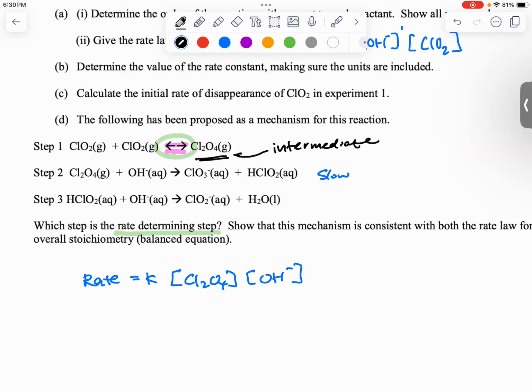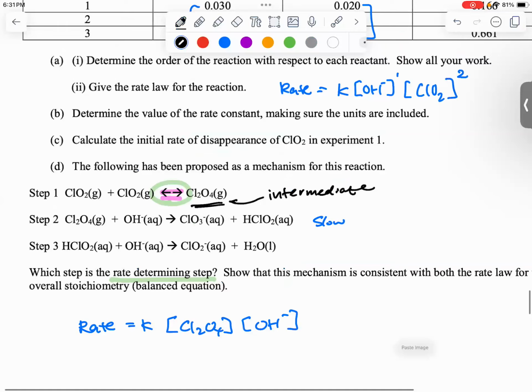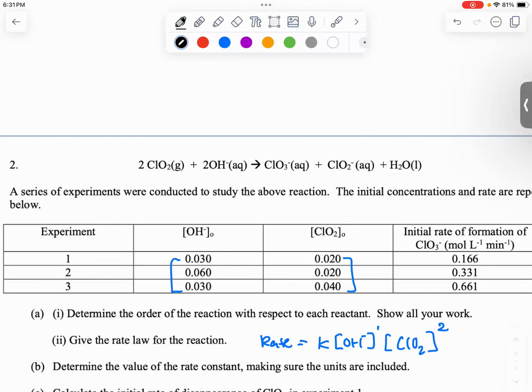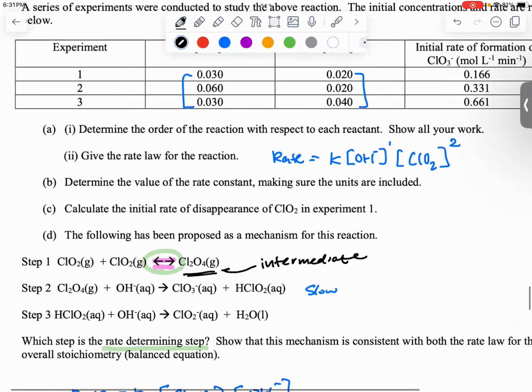It's something that is made in the process of the reaction and then consumed in the reaction. So that's why we call it an intermediate. And we cannot show an intermediate in the rate law because nobody knows there's an intermediate, because it doesn't show in the overall reaction.